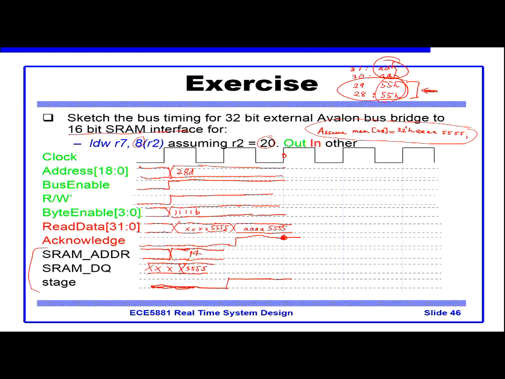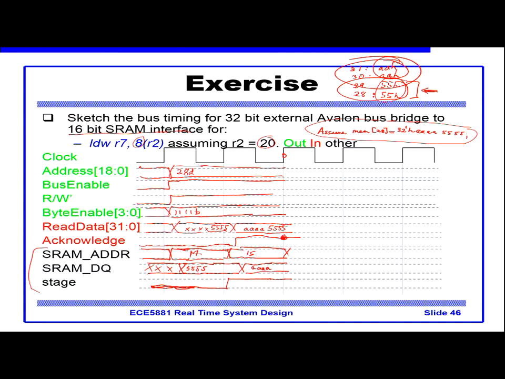Okay, so the second half of this cycle occurs where we issue address 15, 16, 17 or 18. Which one is it? 15 is correct, thank you. All right, so that now accesses the upper 16 bits, so that should appear in due course on the data lines.